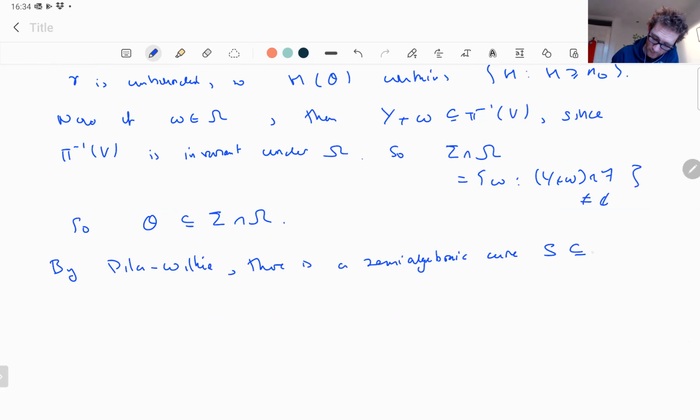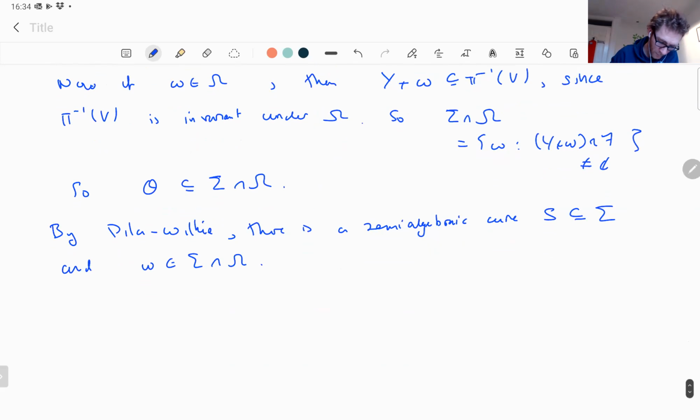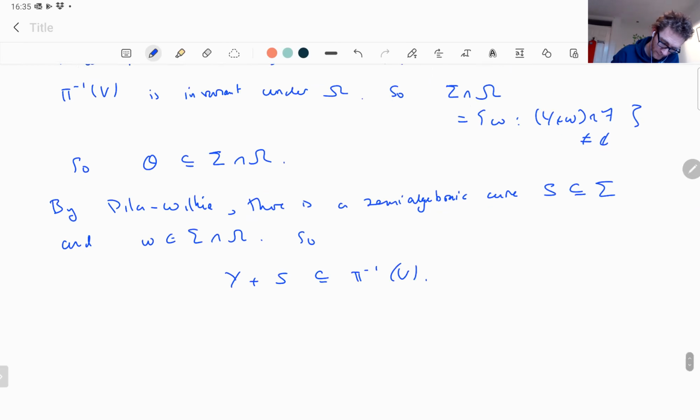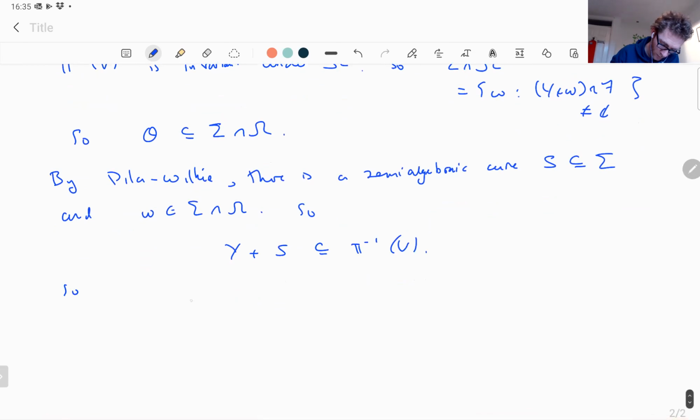S contained in sigma, and there's some period. We can assume that there's some period in it. So because S is contained in sigma, that means whenever I add something in sigma to y, I stay in the pre-image of v, and so I get y plus s contained in pi inverse of v. And so y is contained in y plus s minus omega.